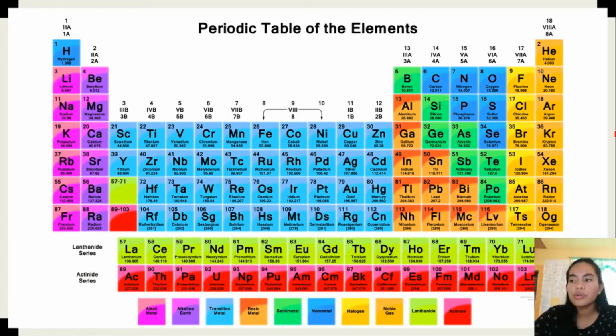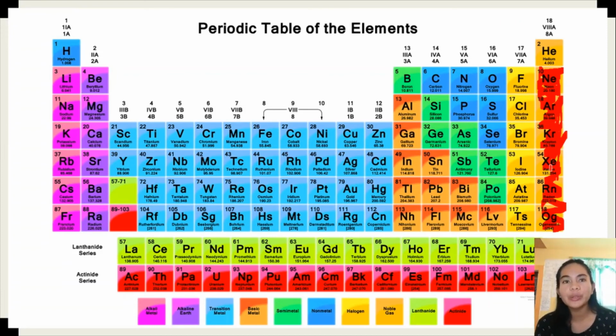Okay. So we have neon, argon, krypton, xenon, radon, oganesson. These are our noble gases and they can be used as our reference in getting the electron configuration of these elements. Okay, let's try to use barium as our example. Barium is the 56th element in your periodic table.